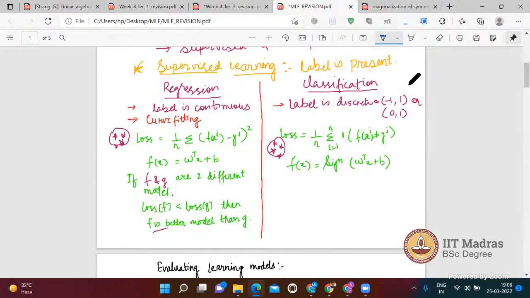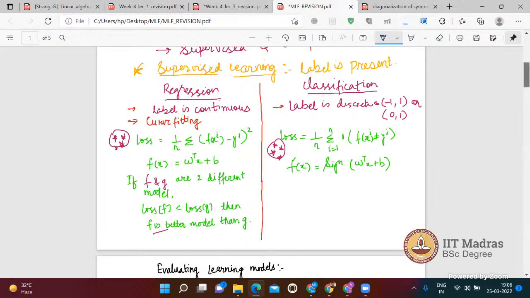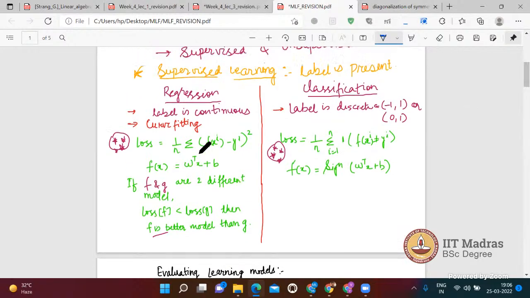In regression, the label is simply continuous. And classification is where the label is in terms of yes or no, or you can say -1 or 1, or 0 or 1, some sort of yes or no.